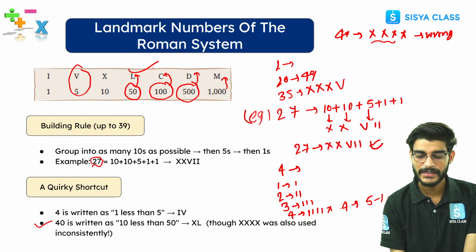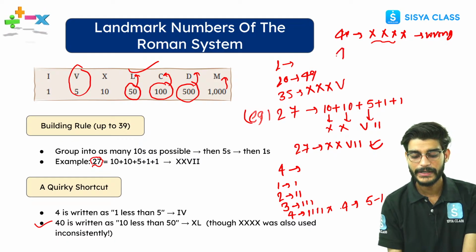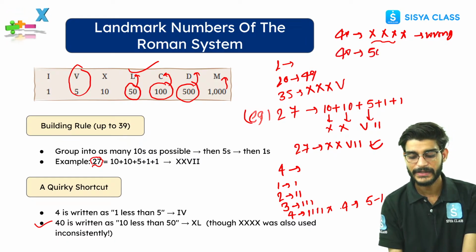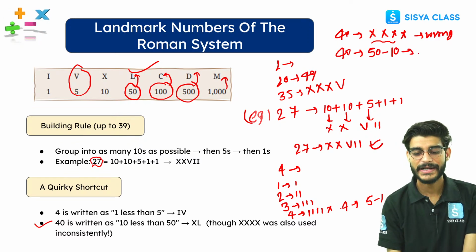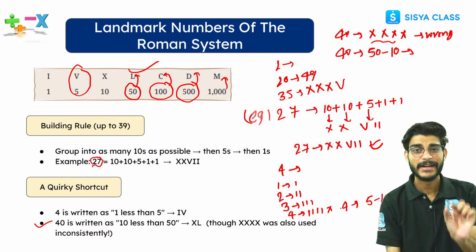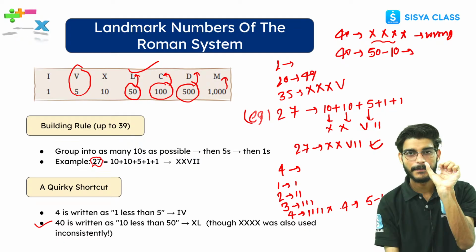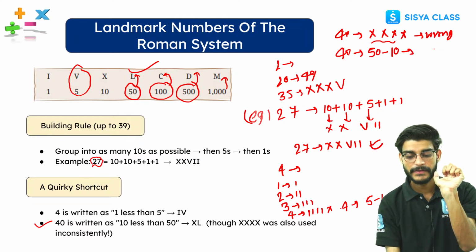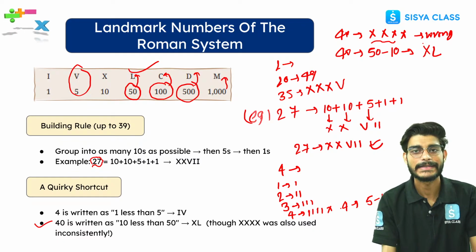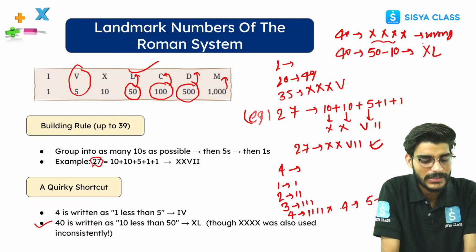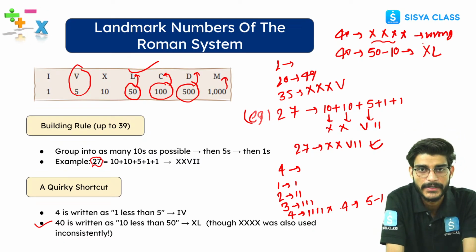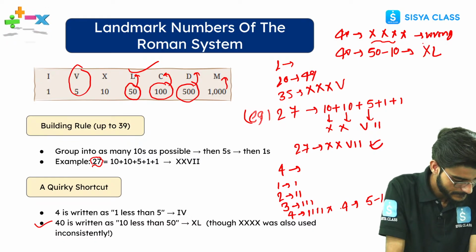This number is obviously near to 50. So 40 you can write as 50 minus 10. Once again, this is a subtraction. First write the notation for 50, which is L, and for 10 it is X. XL is the notation for 40. So this is all about the Roman number system. Clear?